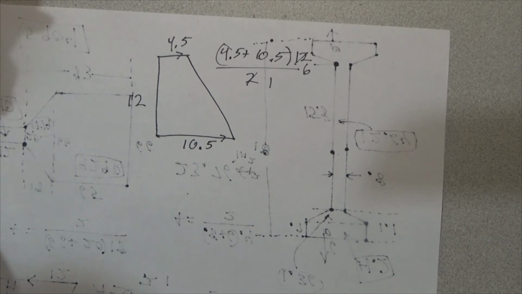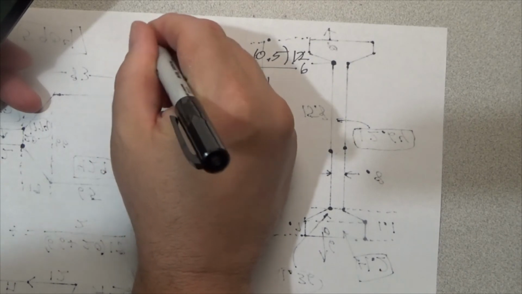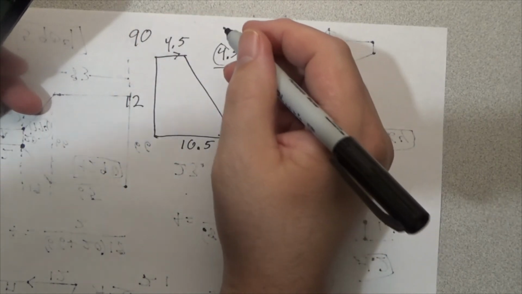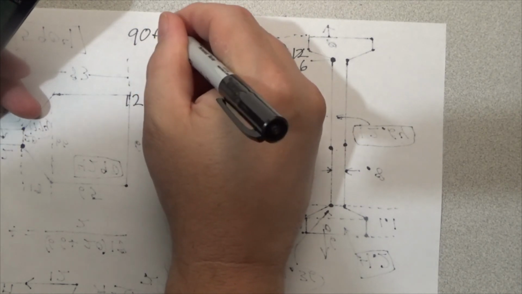So fraction bar 4.5 plus 10.5 times 6. Oops. 4.5 plus 10.5 times 6, 90. So the cross-section area of this is 90 feet squared.